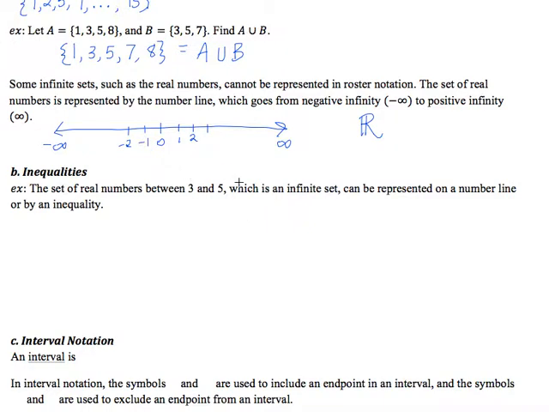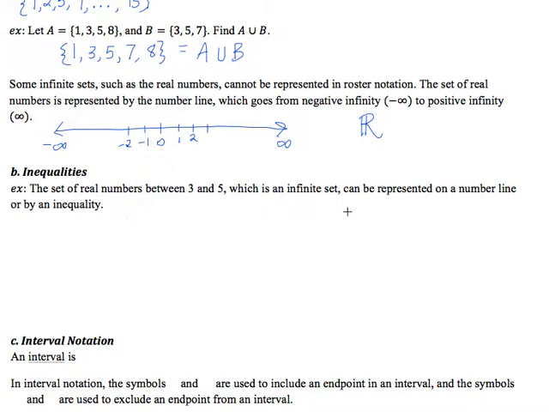You know, there's 3.1, 3.05178334. There's 4.5. You know, there's infinitely many little numbers in between them, so you couldn't list them all out. Okay, if you just tried to write 3, 4, 5, that would be incorrect because those are integers.